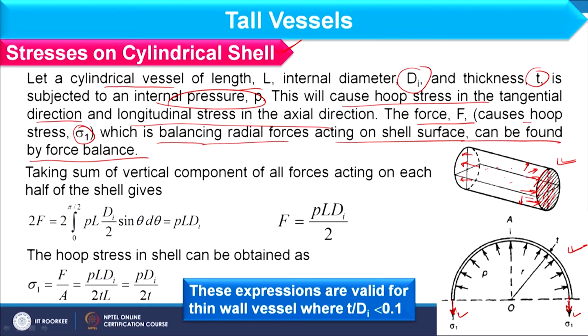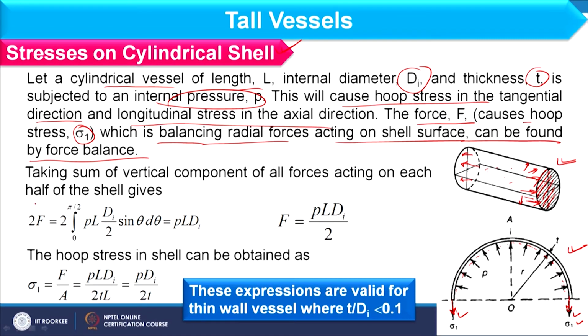So, how can I calculate the force? We can make the force balance, because the force generated due to sigma 1 should be balanced by the force generated in this direction, right. So, let us make the force balance.